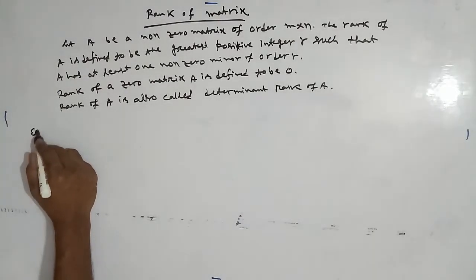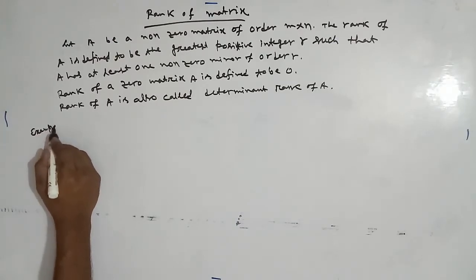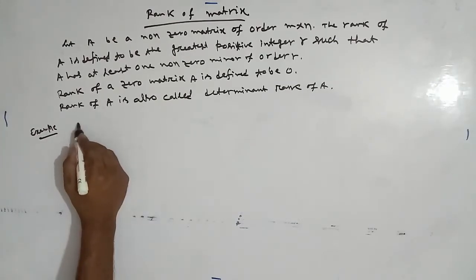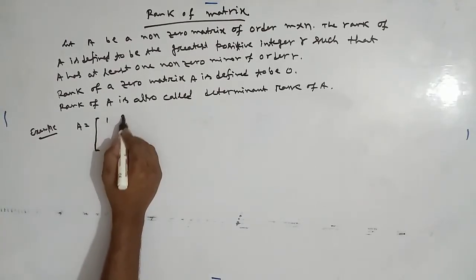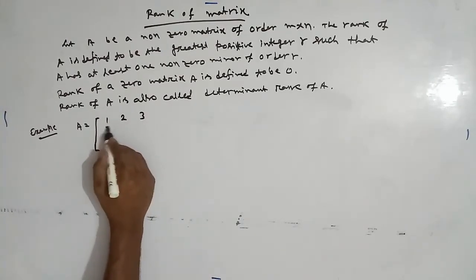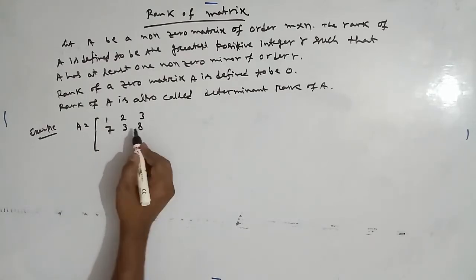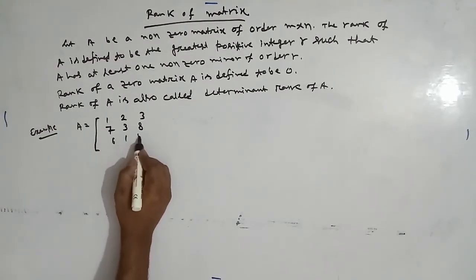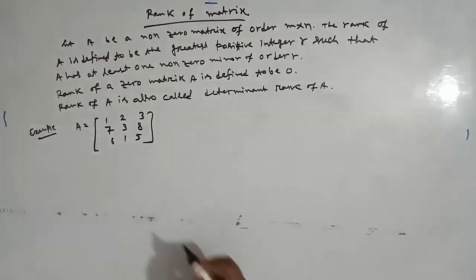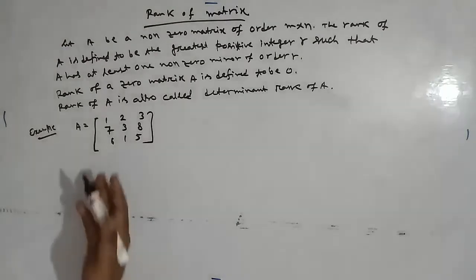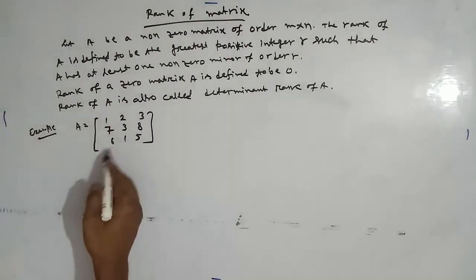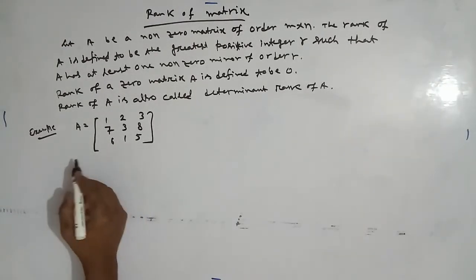Now let us give an example of finding rank applying the definition. Let us take a matrix A: 1 2 3, 7 3 8, 6 1 5. The third order minor of this matrix is the determinant of the whole matrix itself.